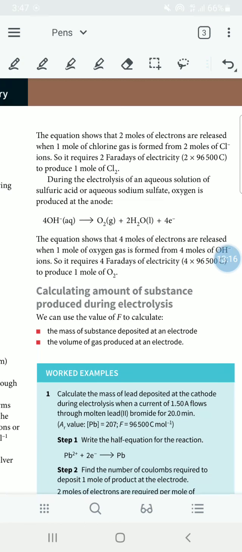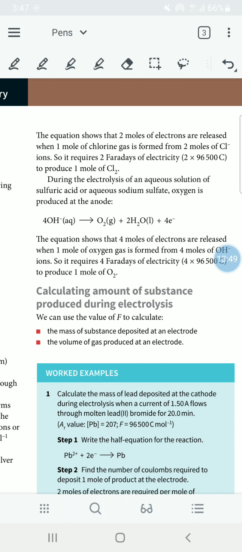I think it would be best if you can write down the fourth example as well. The 4OH minus aqueous giving O2 plus 2H2O plus 4e minus, to produce 1 mole of oxygen. Then another important factor: if it is to produce 1 mole of water in this equation, then you would require only 2 into 96,500 coulombs of charge.